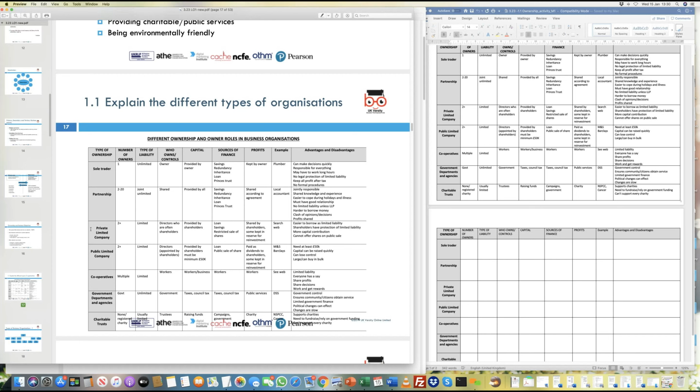So here, a private limited company would be where there could be more than 2 owners, and the liability in terms of debt or other things related to company operations is limited. You could have control of the company by having shares.